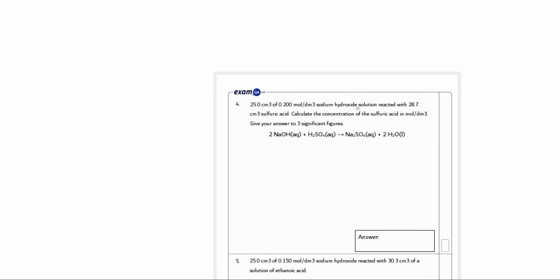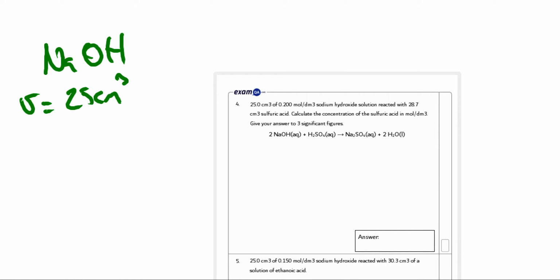So here again, sodium hydroxide reacts with sulfuric acid. We want to find the sulfuric acid concentration. So we always start with what we know, which is the sodium hydroxide, NaOH. We know the volume is equal to 25 centimeters cubed. So again, we do our typical step, divide that by 1,000.